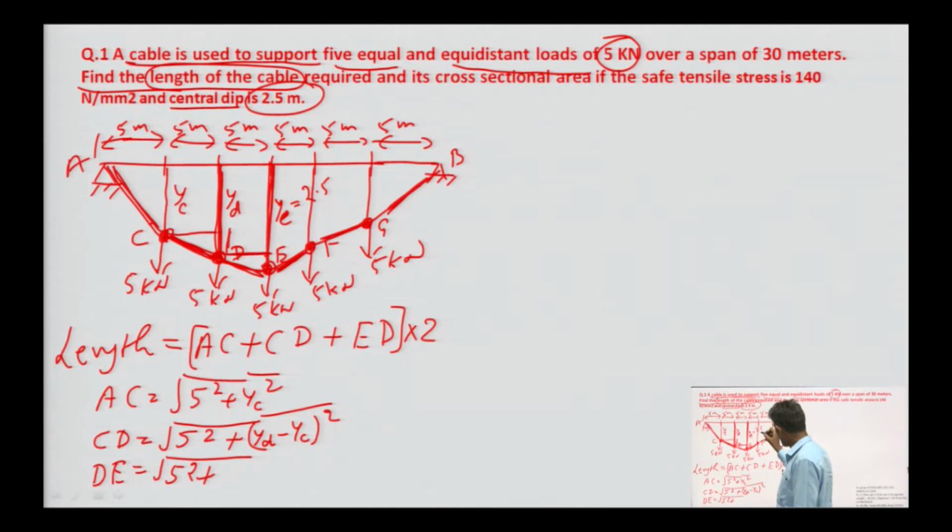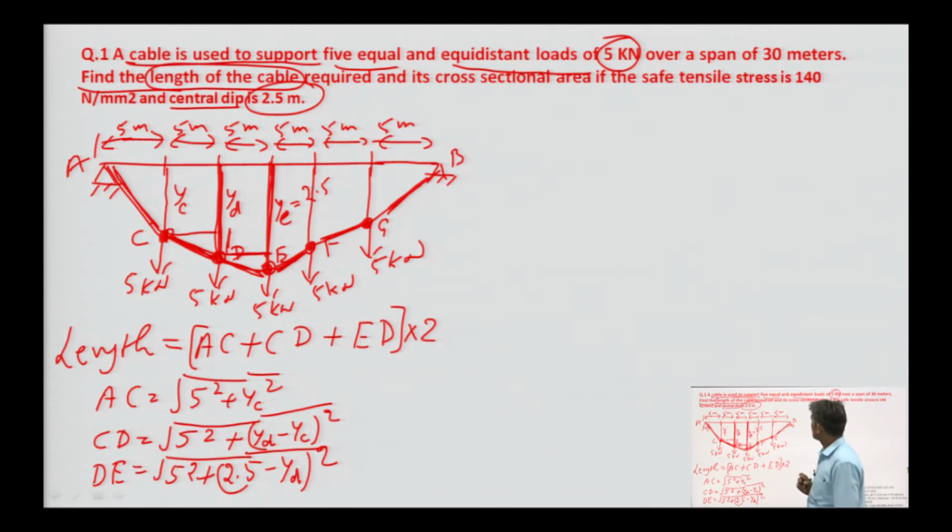So, this is 2.5 minus this YD whole square. So, the length of the cable can be calculated if we know the values of YC and YD. This is our question, to find the values of YC and YD.